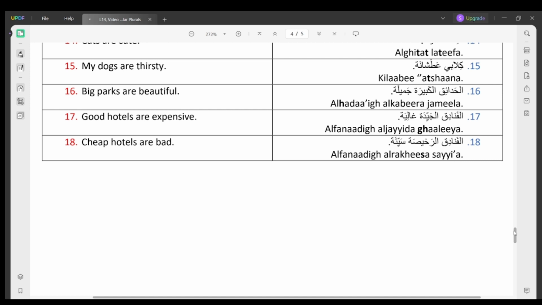Big parks are beautiful. الحدائق الكبيرة جميلة. Number 17. Good hotels are expensive. الفنادق الجيدة غالية. And number 18, cheap hotels are bad. الفنادق الرخيصة سيئة. Alright, so that's it for the sample sentences.